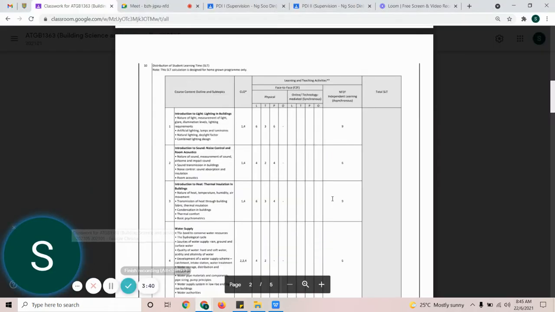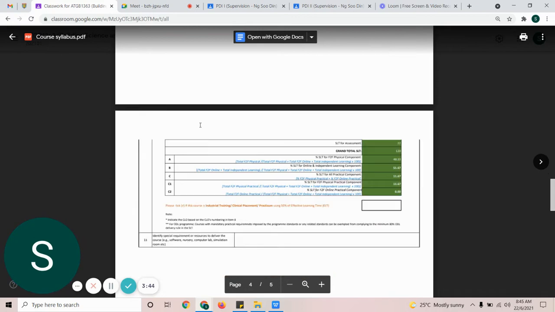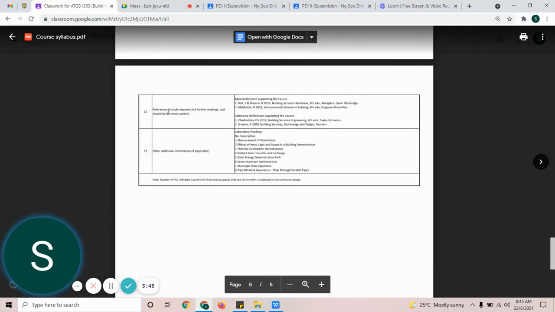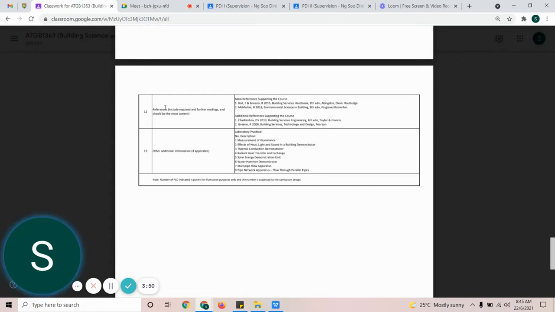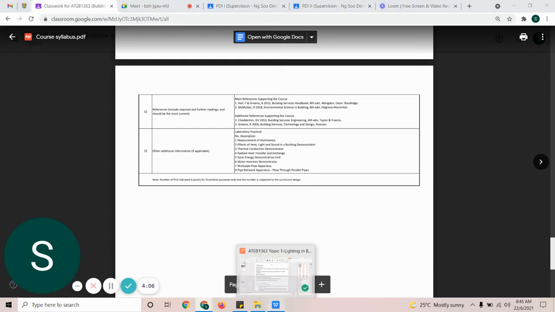For other subjects, you can always refer to the course syllabus, and at the end of the page here, you can see the references. For this subject, the main reference is located here. The same goes for your lab. They also mention what sort of lab can be done for this subject.